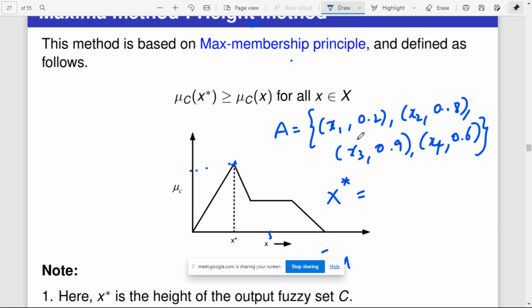In this example, for which x is the membership value maximum?